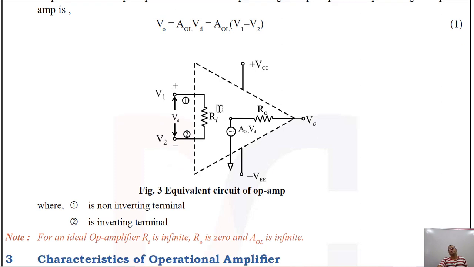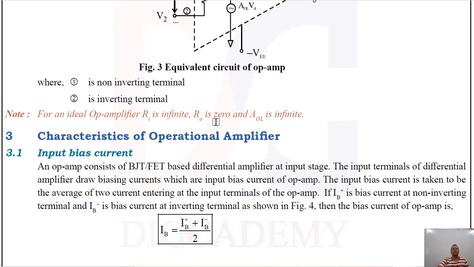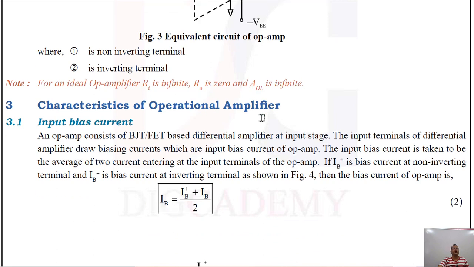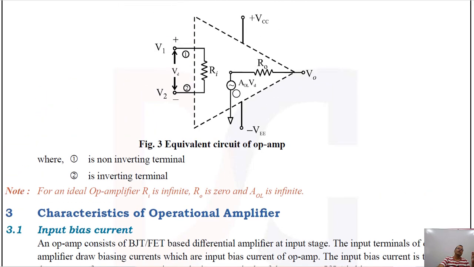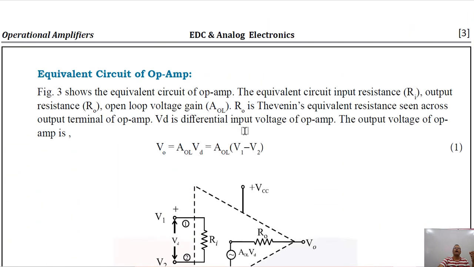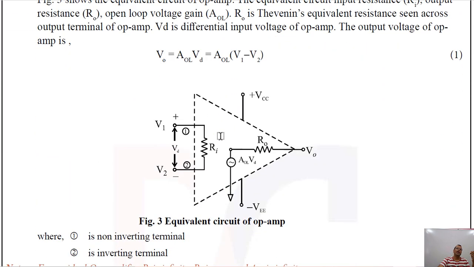Ideally the input resistance of an op-amp is infinite, the output resistance is 0, and the open loop gain is infinite. Fine. So this is all about the symbol, the equivalent circuit and the integrated circuit of the operational amplifier.